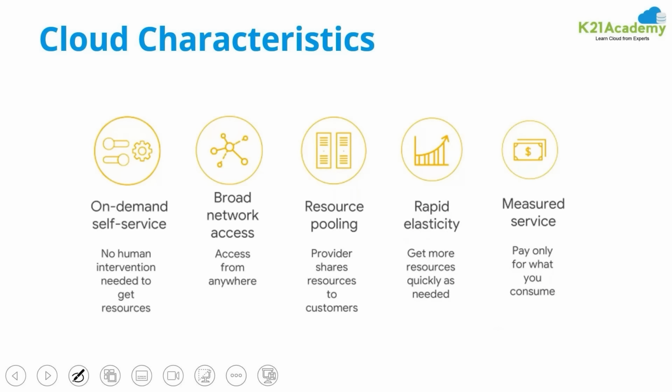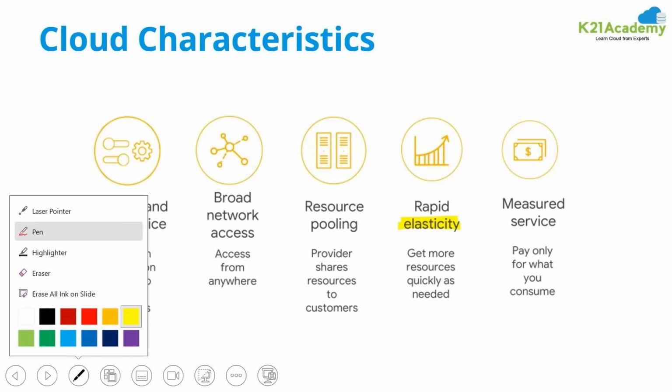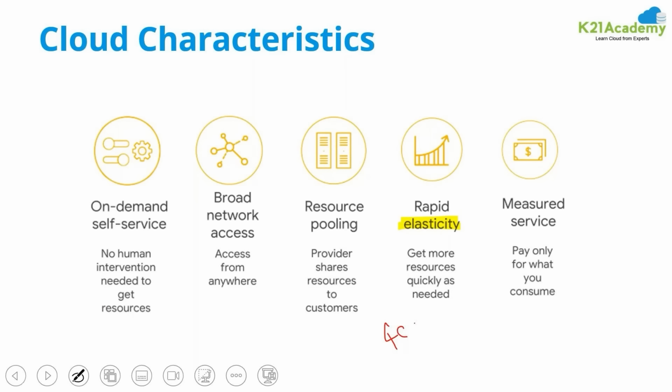That is the traditional environment. But when you are in cloud, you have got the elasticity in hand. That means today you need 4 cores of processor with 8 GB of RAM. You applied for it, you got it. Tomorrow you realized that this is not sufficient for me. Okay, fine.